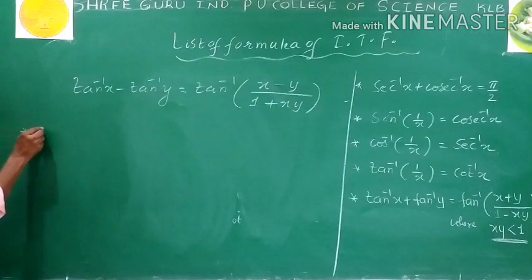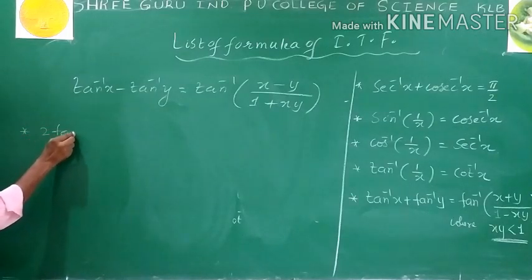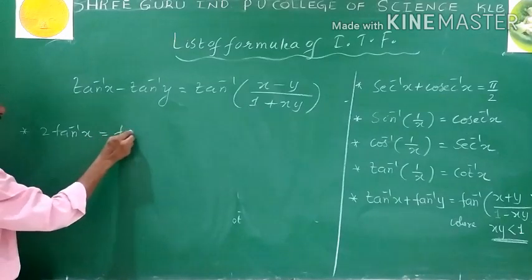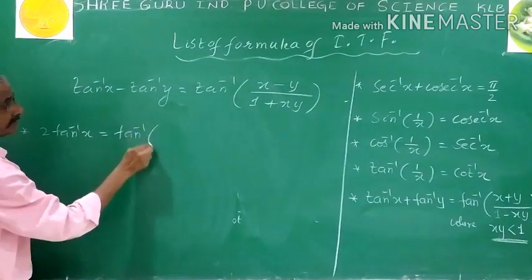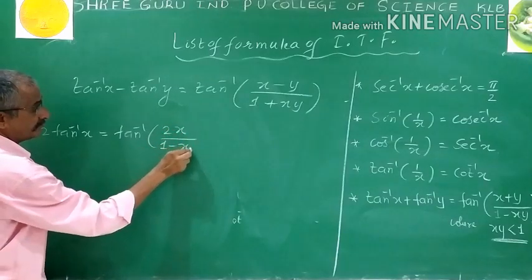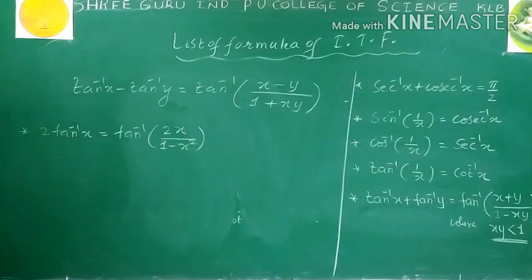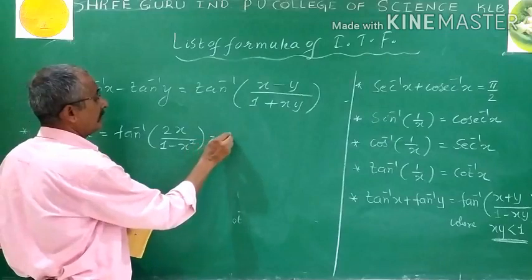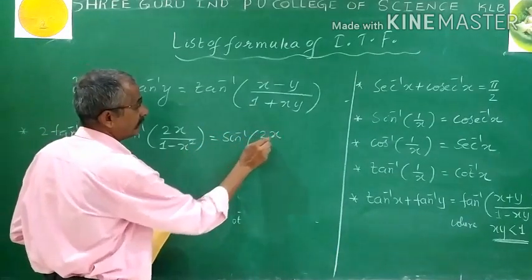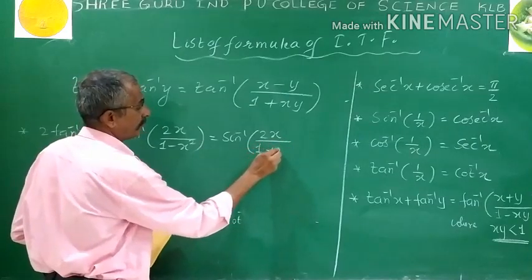Next formula, 2 tan inverse of x is equal to tan inverse of 2x divided by 1 minus x square. This has still two more equivalent formats. It is also equal to sin inverse of 2x divided by 1 plus x square.